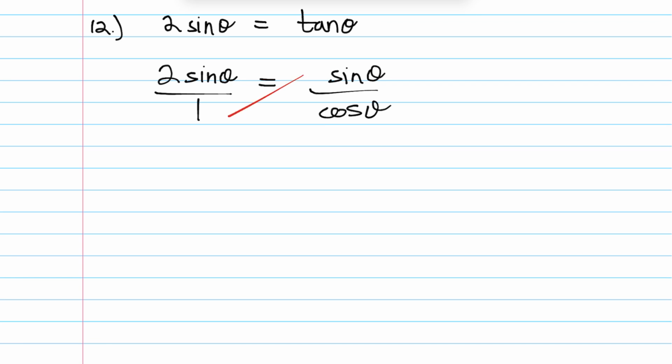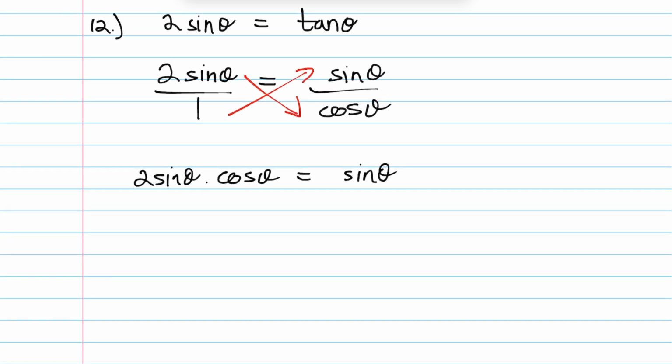When we cross multiply here, that gives us 2 sine theta times cos theta on the left hand side, and then sine theta on the right hand side. Let's now carry over the sine theta.